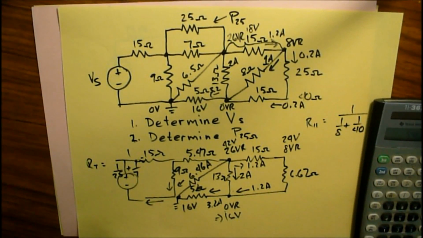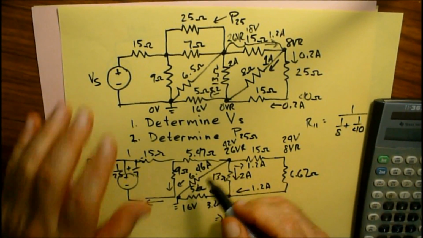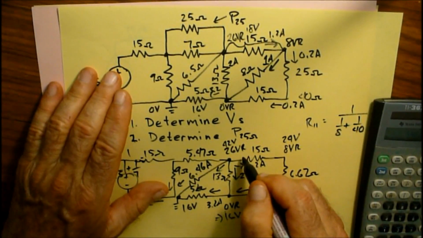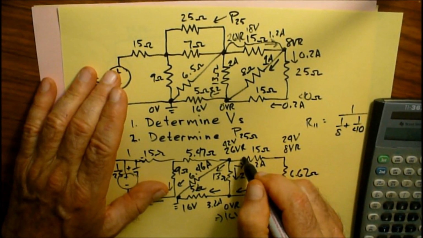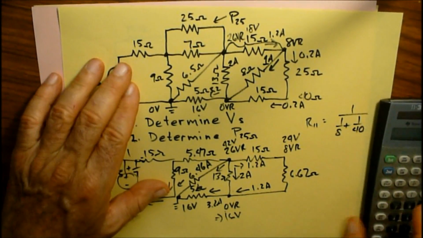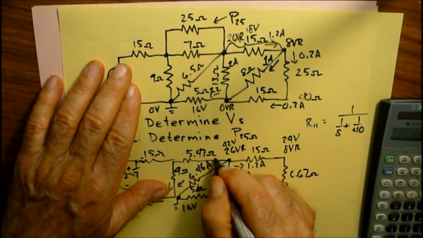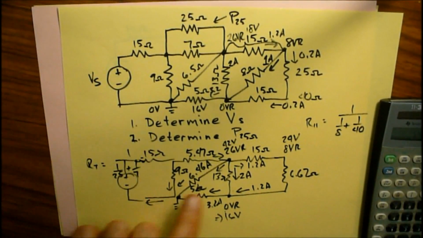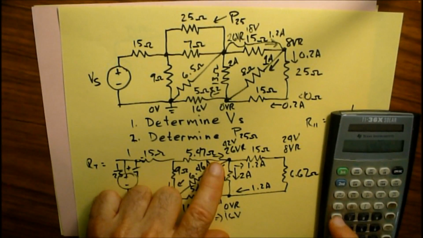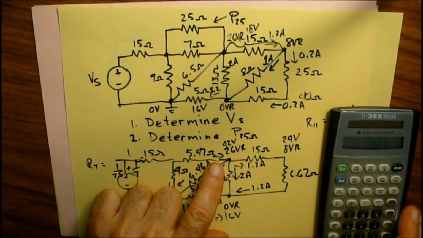But here's another cool thing. I know how much current is going this way. I know that I've got 1.2 amps coming out here, 2 amps going up here. I've got 6.46 amps coming out here, and that tells me how much current is going in. Okay, so let's figure that out. I'm going to store that number.